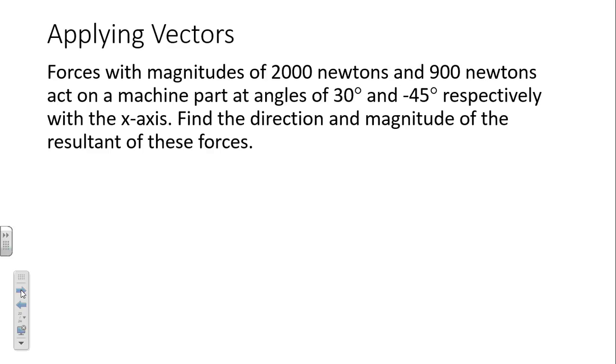We want to find the direction and the magnitude of the resultant of these 2 forces. So first of all, what did we do a moment ago when we wanted to add 2 forces together? Or 2 vectors together?